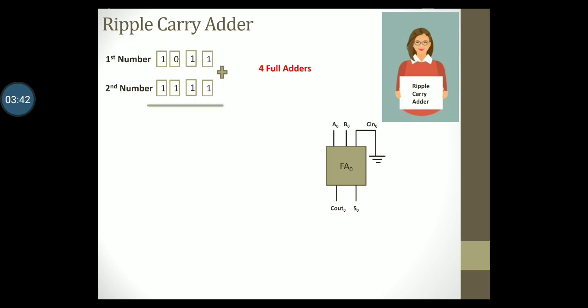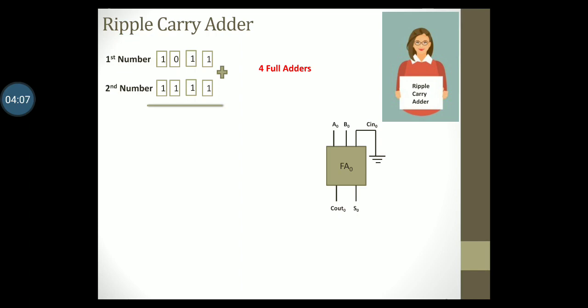This full adder is labeled as FA0 and it has the inputs A0 and B0. The third input Cin0 is grounded. It also has 2 outputs labeled as S0 and Cout0, which is short form for sum and carry out respectively.